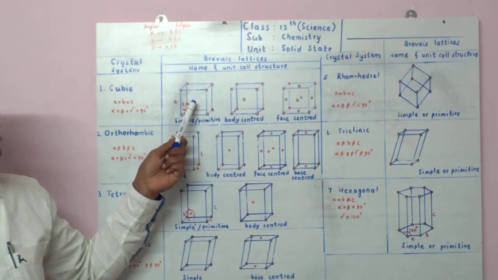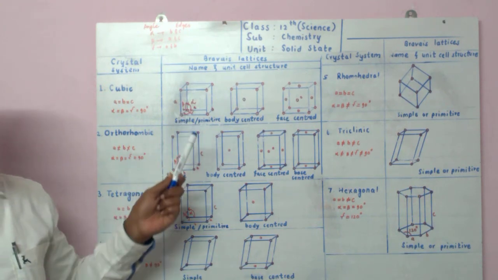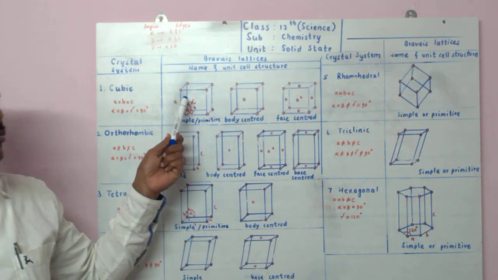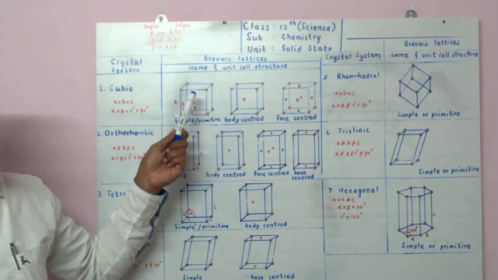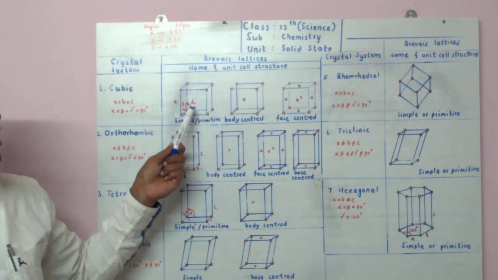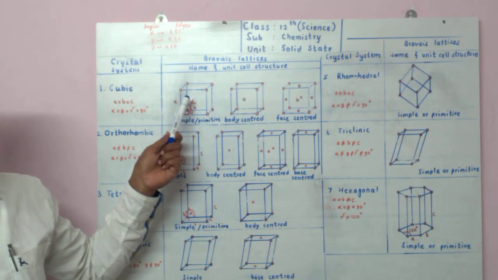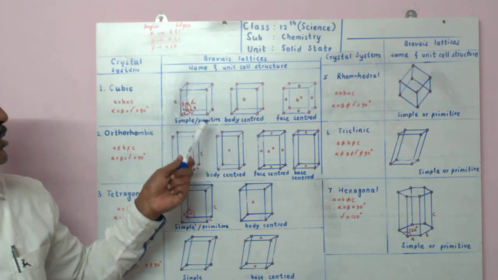Each particle is shared, so 1/8 of its portion lies at each of the eight corners. So 1/8 into 8 equals 1. One particle is present in that cell.